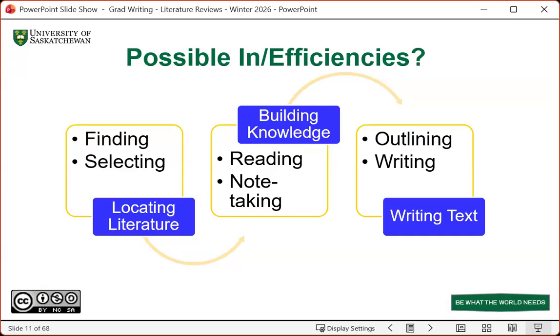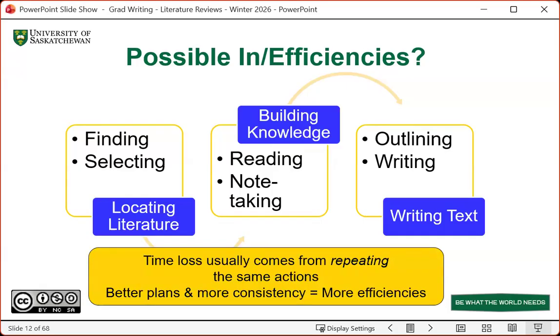And so we want to reduce some of those inefficiencies where possible. So when we think about what we have to do, we have to locate that literature, we have to build the knowledge, we have to write the text. It's really about trying to figure out where we can avoid repeating the same actions.